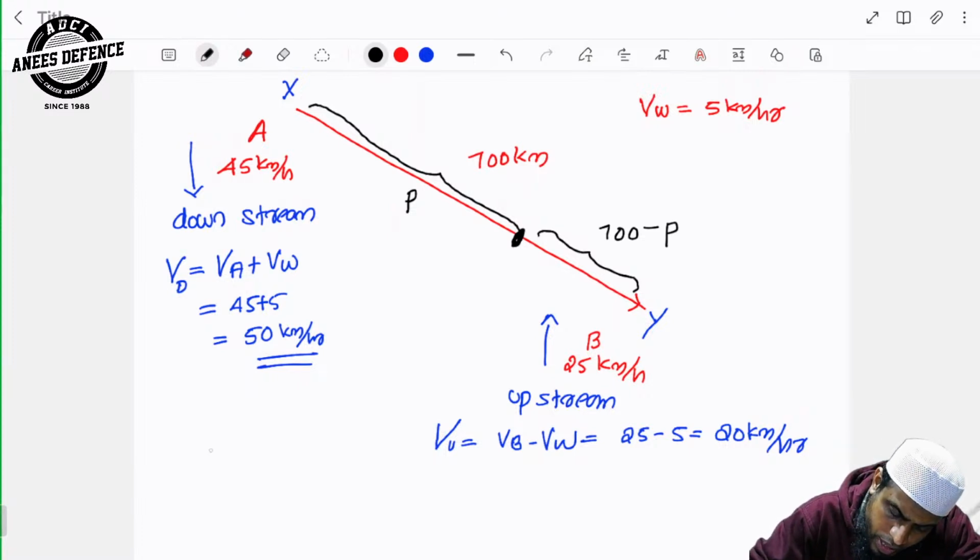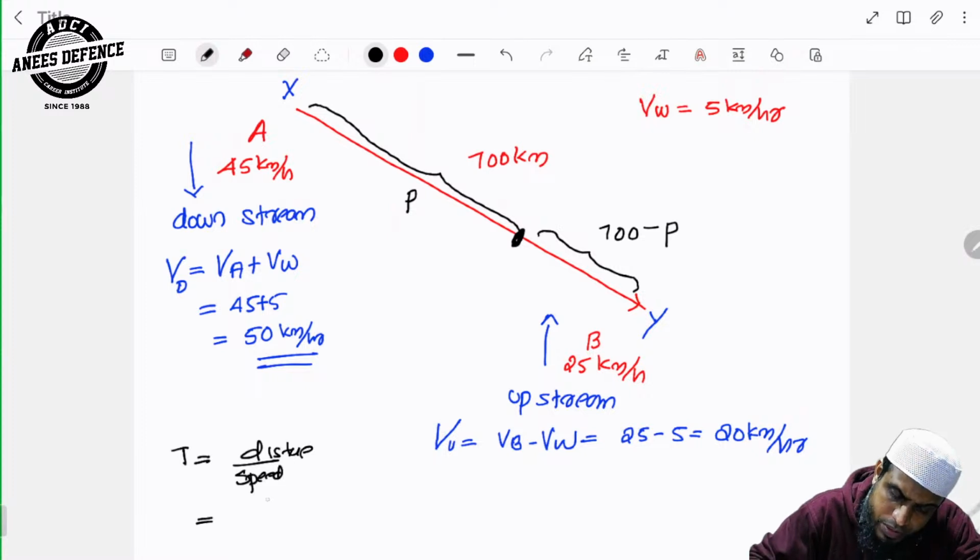So time can be taken common. T equals distance by speed. Distance is initially for A, P divided by 50 kilometers per hour.